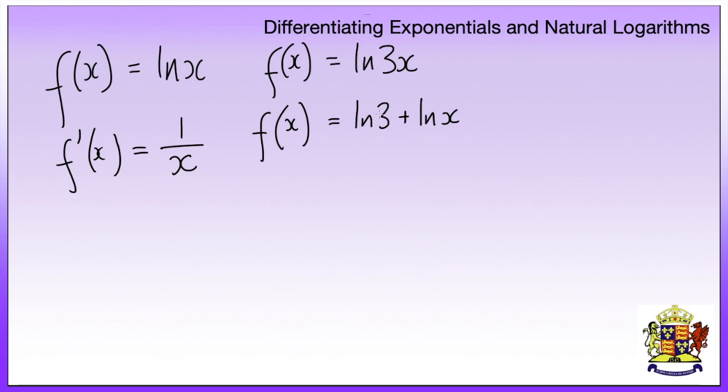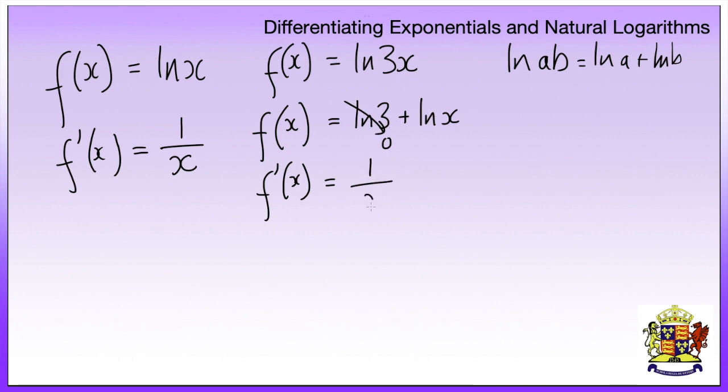We split them up. Remember your laws of logs, ln AB equals ln A plus ln B. So we differentiate them individually. The differential of ln 3 becomes 0, because it's just a number, and ln x becomes 1 over x.